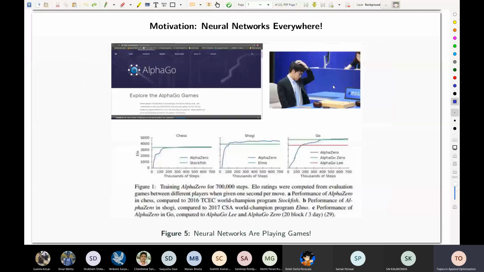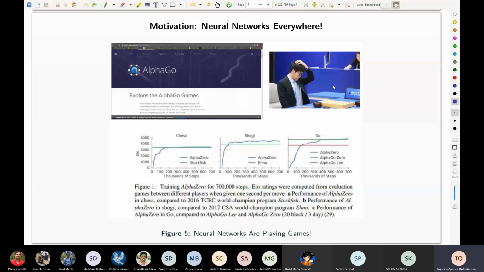Neural networks can also be used in playing games. So the computer can be seen as an agent that can learn the rules of the game simply by watching. Okay, and then it can actually play and even beat. So this is what is happening now.